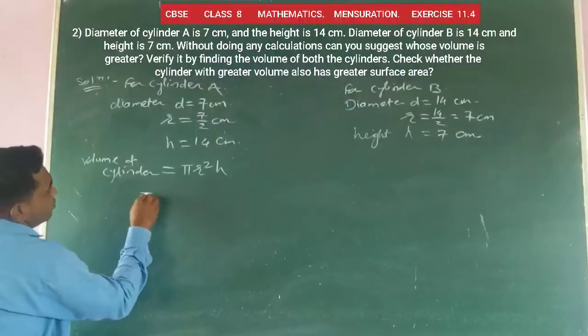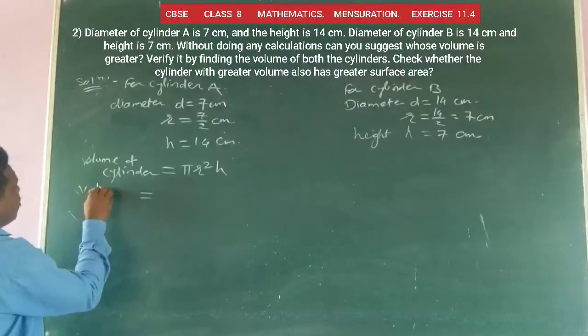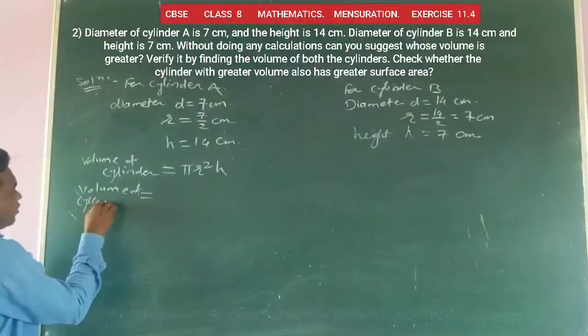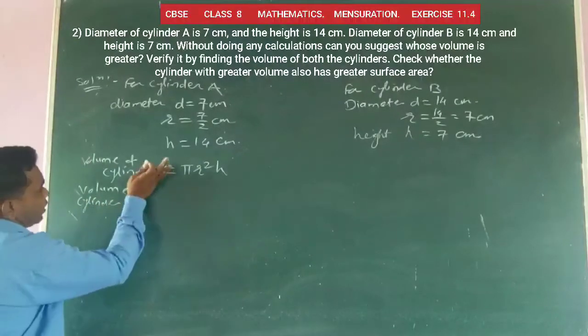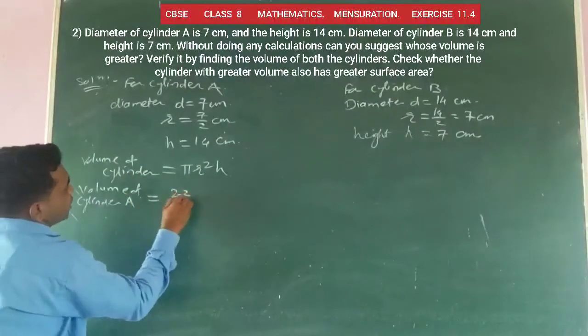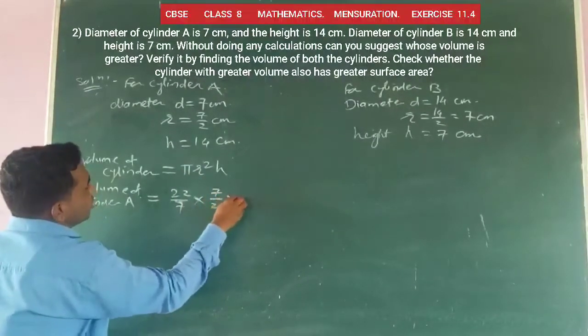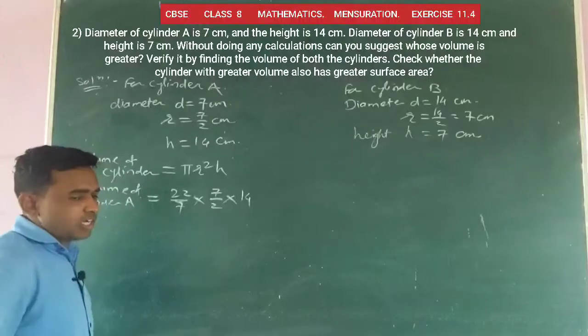Putting this value, the volume of cylinder A is equal to 22 by 7, radius is 7 by 2, into height 14.